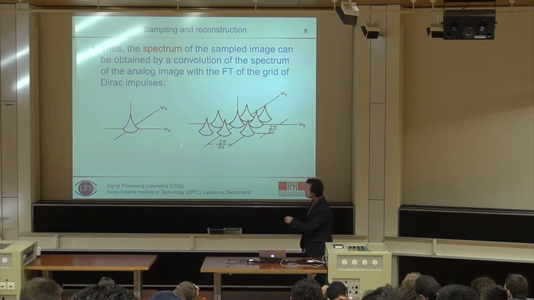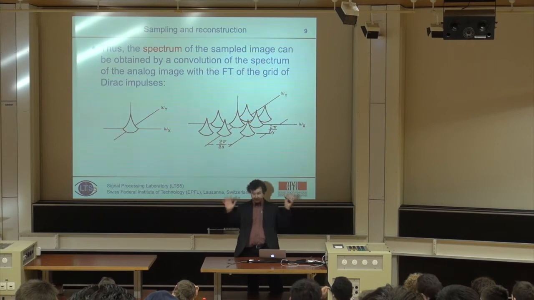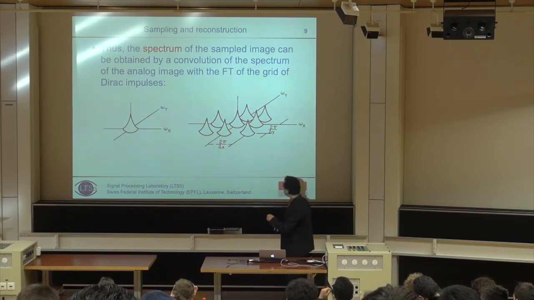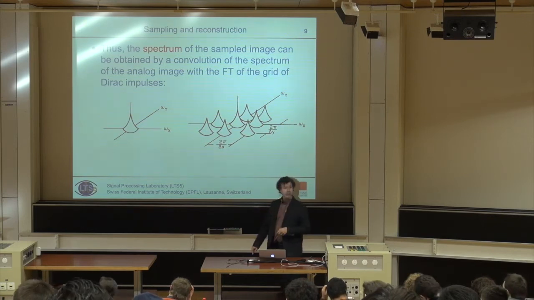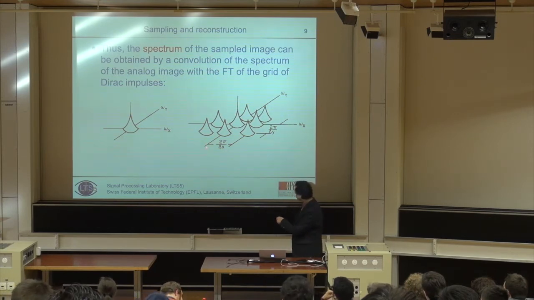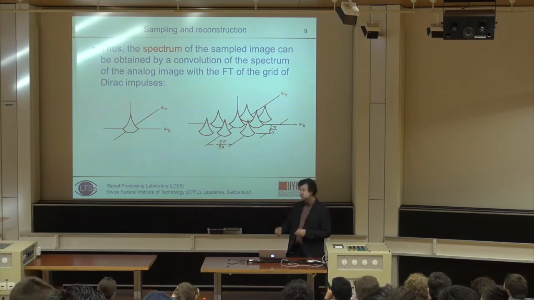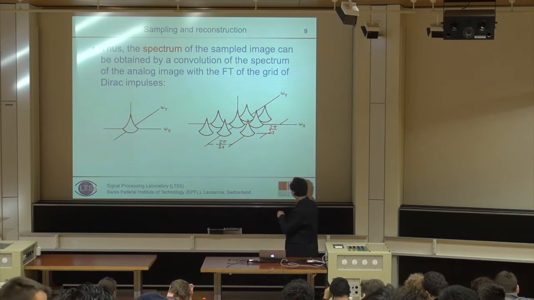So basically, from the spectrum of my analog image that exists and that you want to sample, you get the spectrum of your sampled image, which is the replication of your spectrum on the Fourier transform of the sampling grid. And the sampling pulse, omega, is 1 over delta x, 1 over delta y.